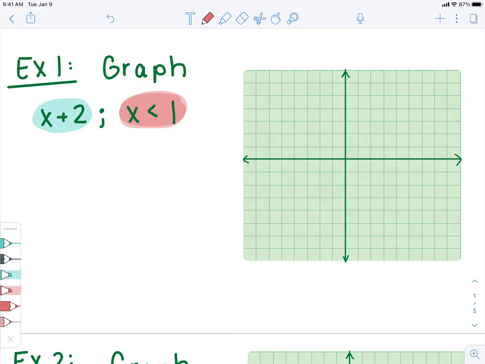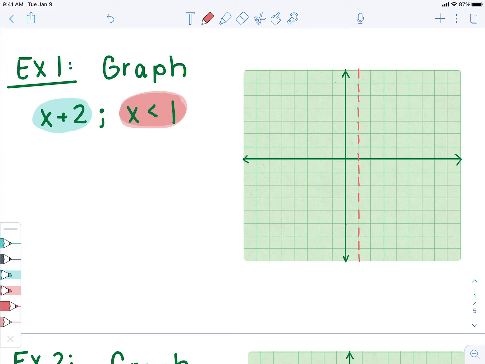So I'm going to go to 1, since x is less than 1, and I'm just going to draw myself a dashed line all the way up and down where x is 1, so that as I'm graphing, I'm not crossing over that line. I don't want to extend farther than that line because I don't have those pieces of the graph over there. So I just do that for myself as a reminder of where I need to stop.